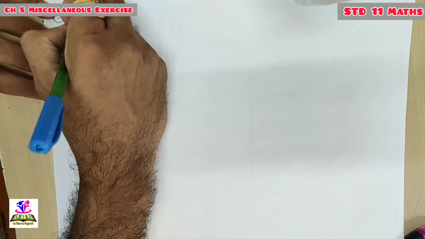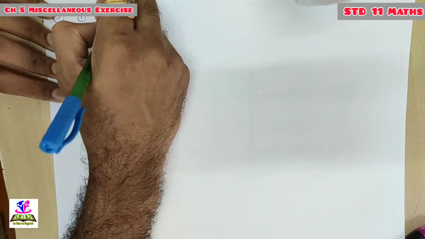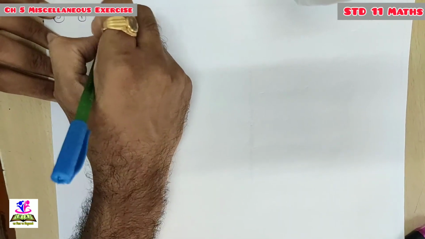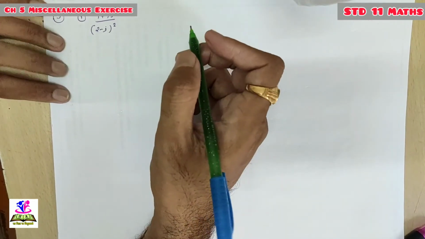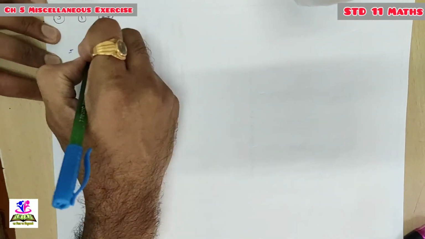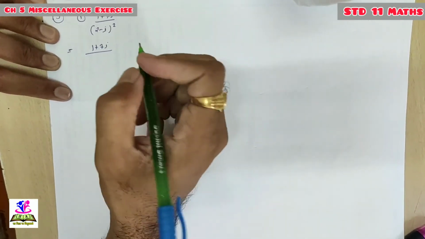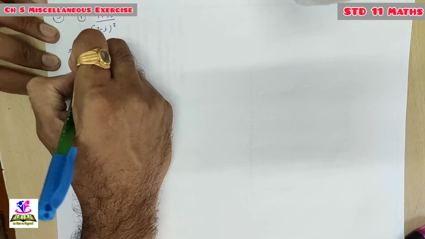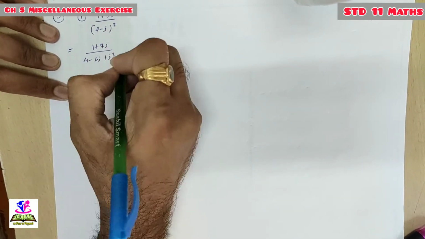So the first one is (1 plus 7i) upon (2 minus i) square. Simplification of this: (1 plus 7i) upon, the denominator's expansion is 4 minus 4i plus i square.